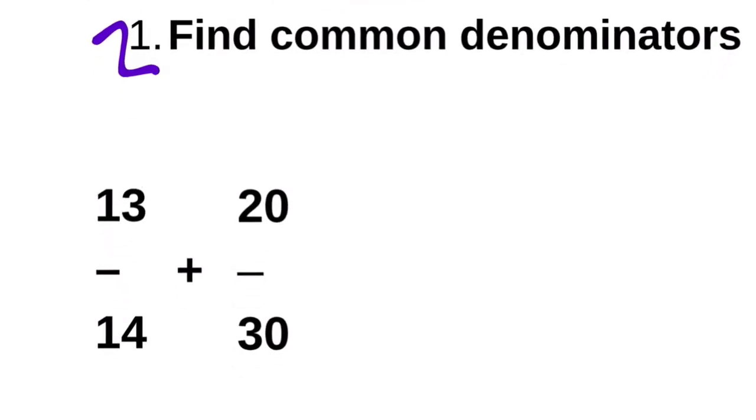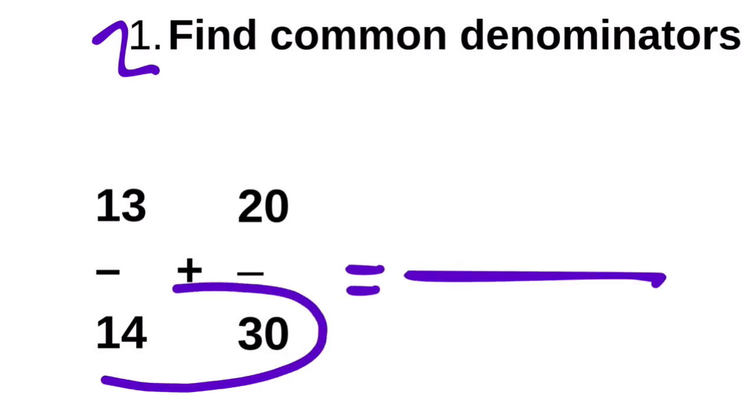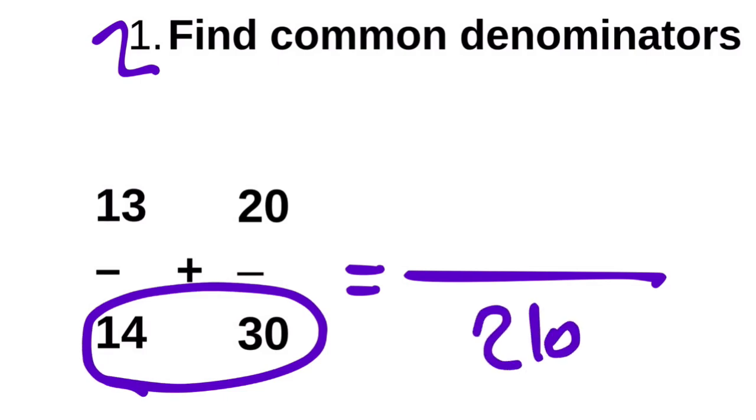So we have 14 and 30. If we calculate, the LCM of these two is 210, because in order to find the common denominators, we should find the denominator's LCM, right?